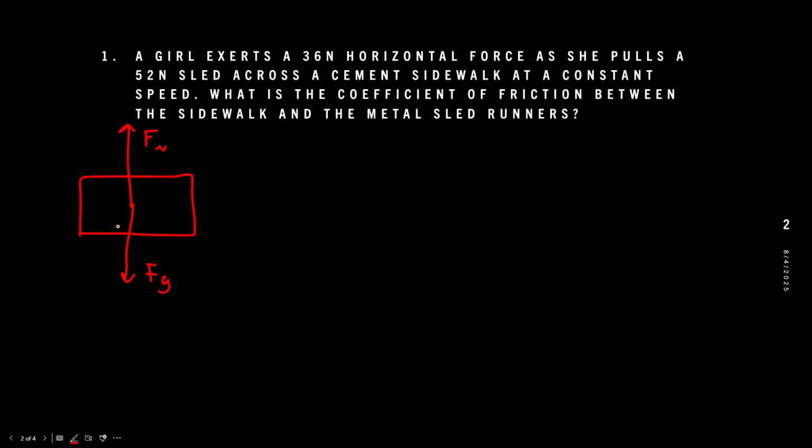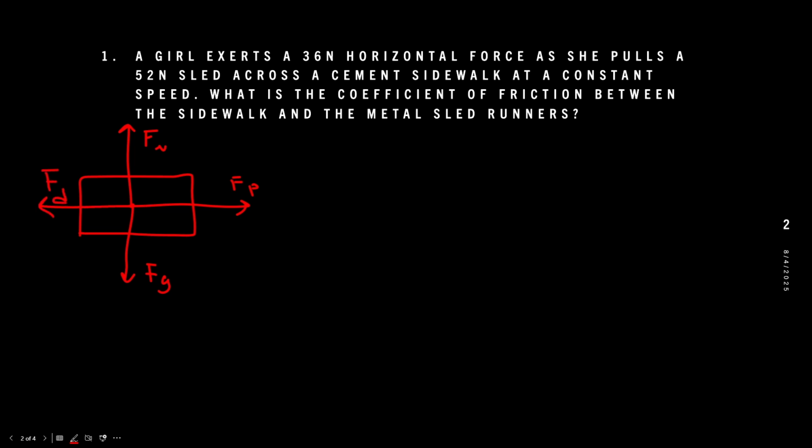The third force is the force that the girl exerts, which can be represented as Fp. And we could draw that horizontally going to the right. And finally, the last force is the frictional force, which can be represented as Fd.